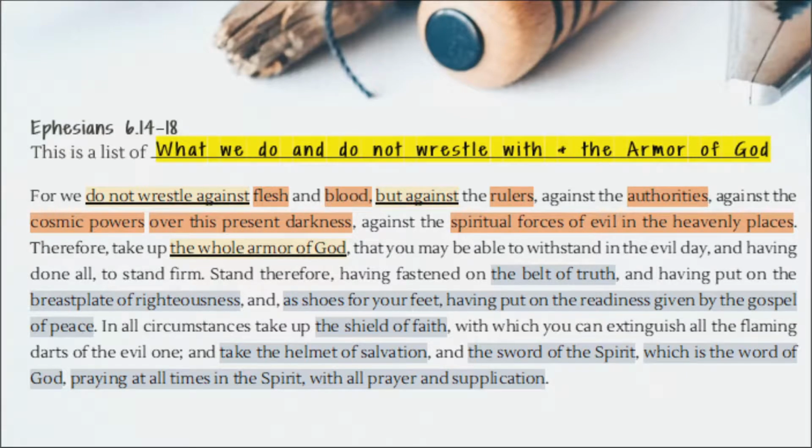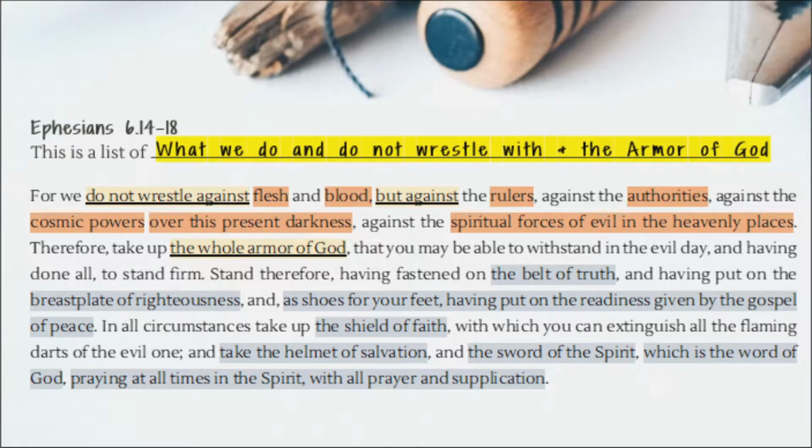Then it goes into the whole armor of God, and then you would just highlight everything in the armor. So there are two lists in here. Sometimes defining them is hard, but that's part of the exercise.